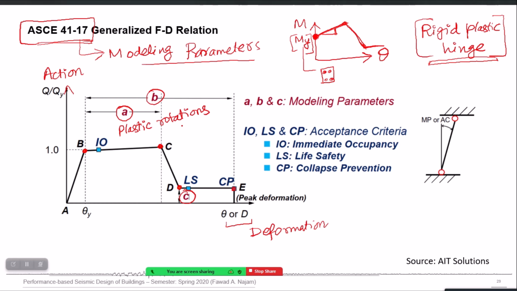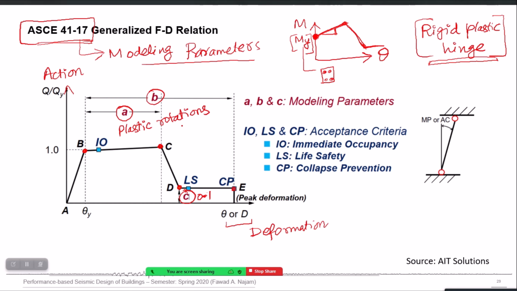Now C is the residual strength. It is the proportion of how much strength from the original value remains. For example, if ASCE 41 says that its value is 0.1, it means the residual moment will simply be 10% of the ultimate moment.